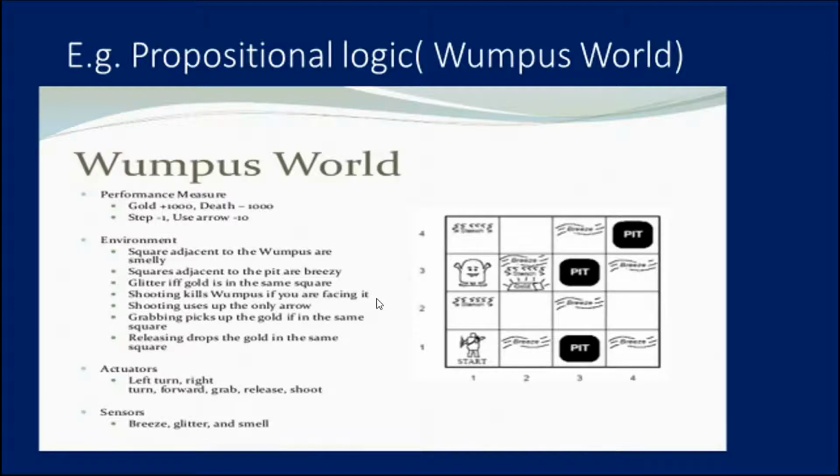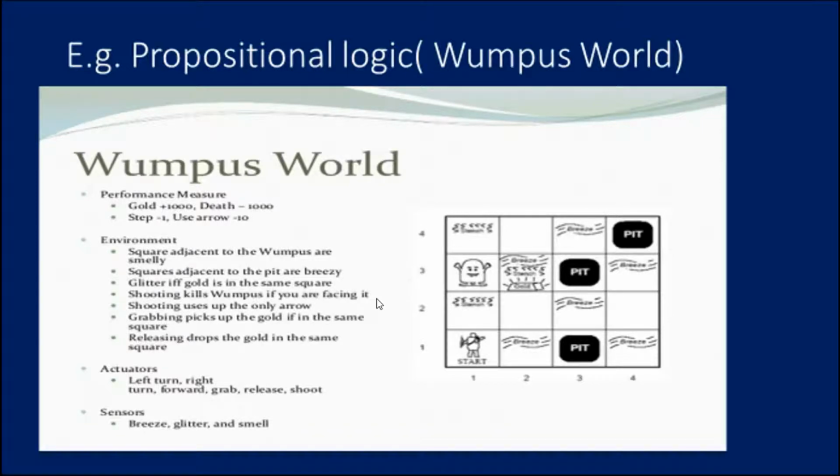So here is the Wumpus world problem using the 4x4 square. It consists of a stench, breeze, pit, gold and Wumpus. The agent starts in the 1x1 block. If he wants to attain the goal, he needs to know the conditions clearly.